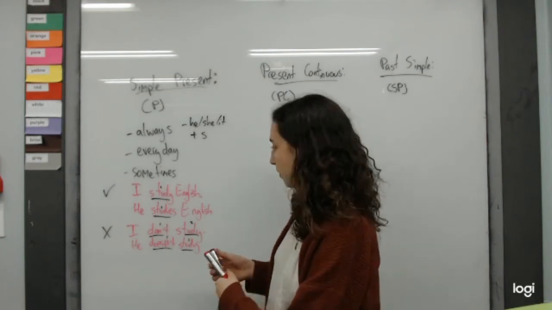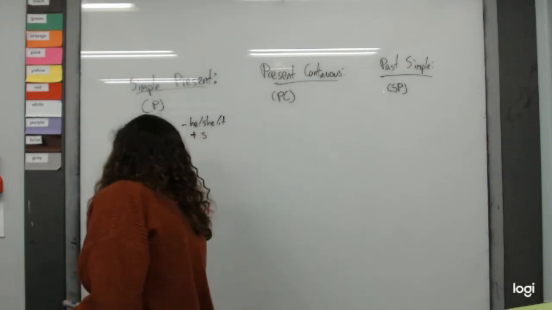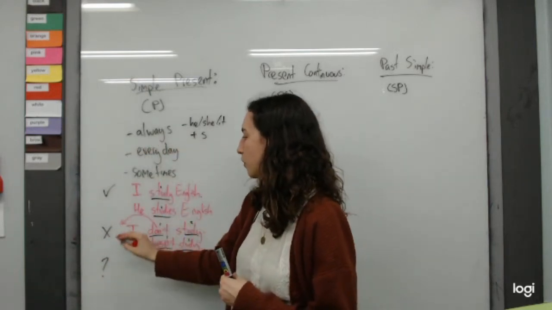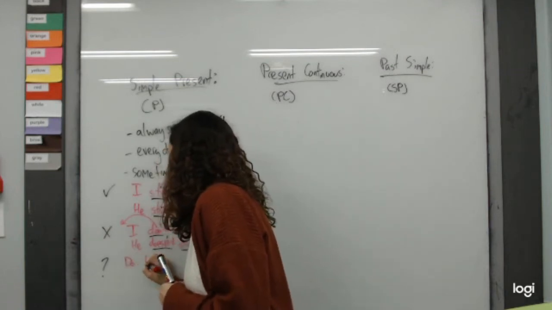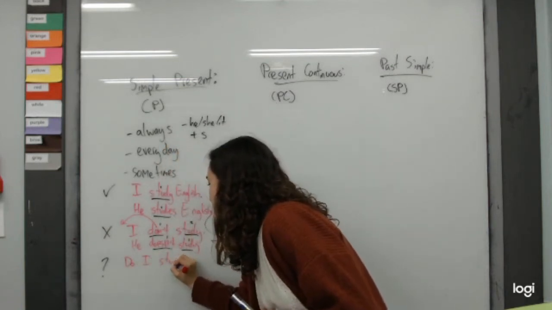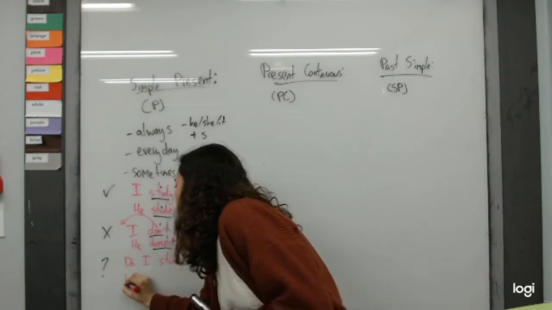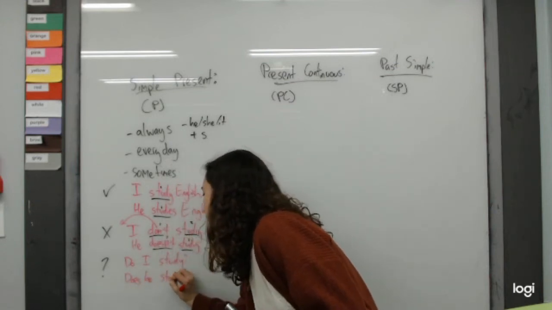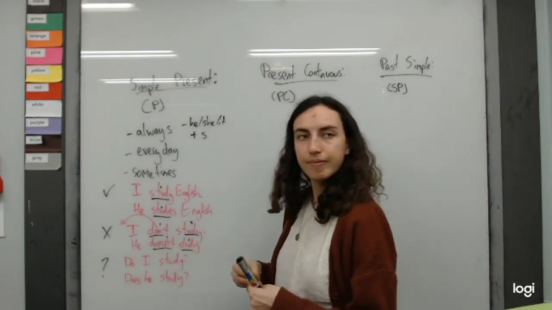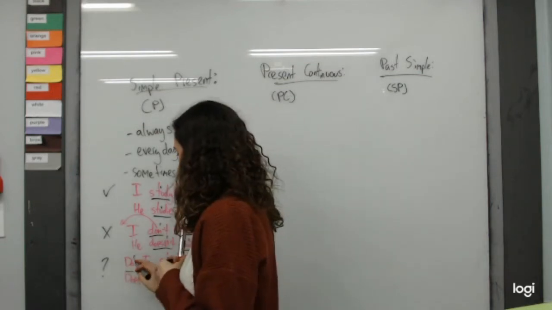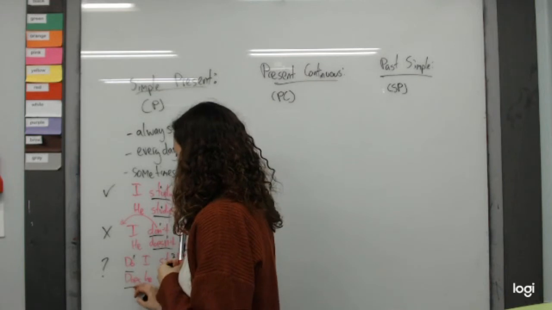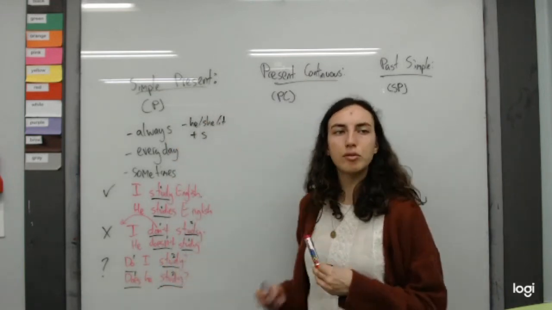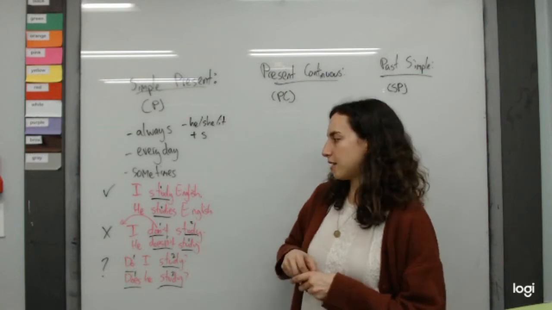And then the last one is a question. Again, with questions, the verb goes first. So we say, do I study? Or does he study? And the first one is do, and the second one is study. And with he, we need to remember the first one will have an S, okay?